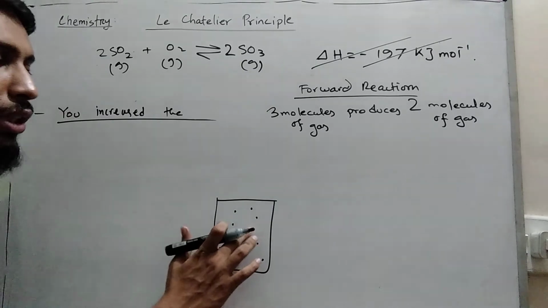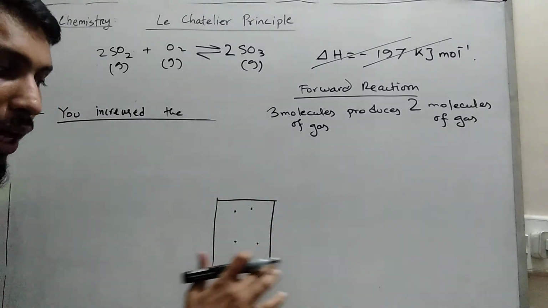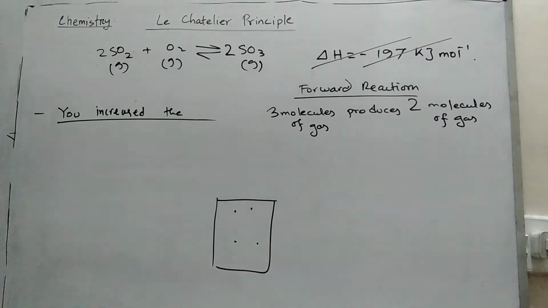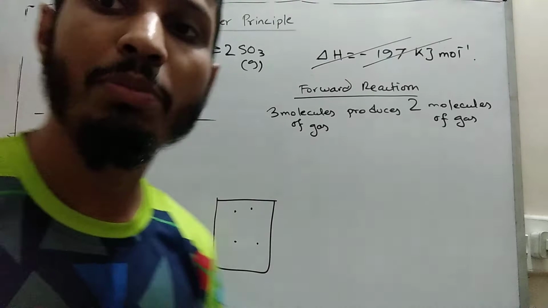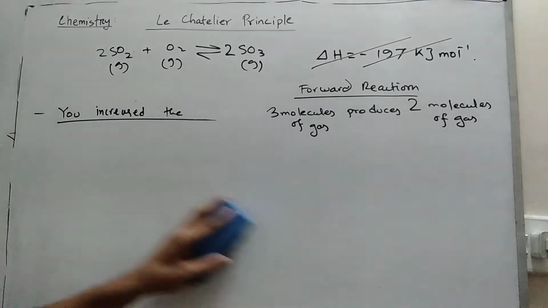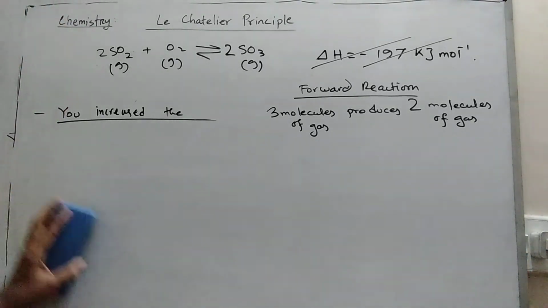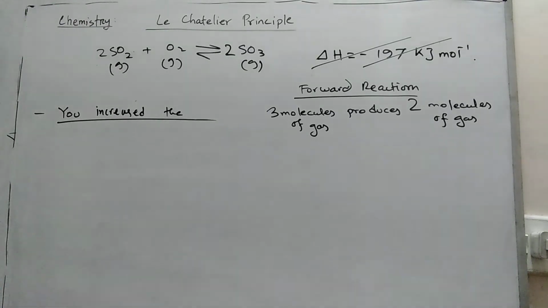Now if I reduce the number of gas molecules here, they will collide with the walls of the container less often in this new scenario, and the pressure will be reduced. This is a very common idea of physics, that a decrease in the number of molecules will result in a decrease in pressure.